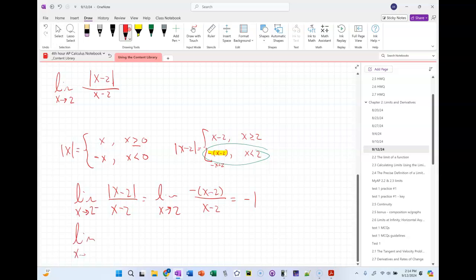But if I do the limit as x approaches 2 from the right, that's going to be pulling from that one, right? So what do we say? And our work is below, where we show the left-hand limit and the right-hand limit don't match.